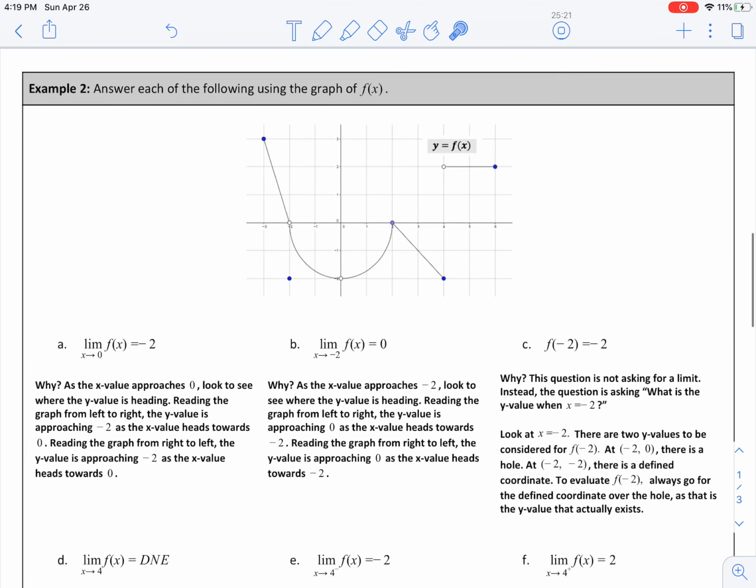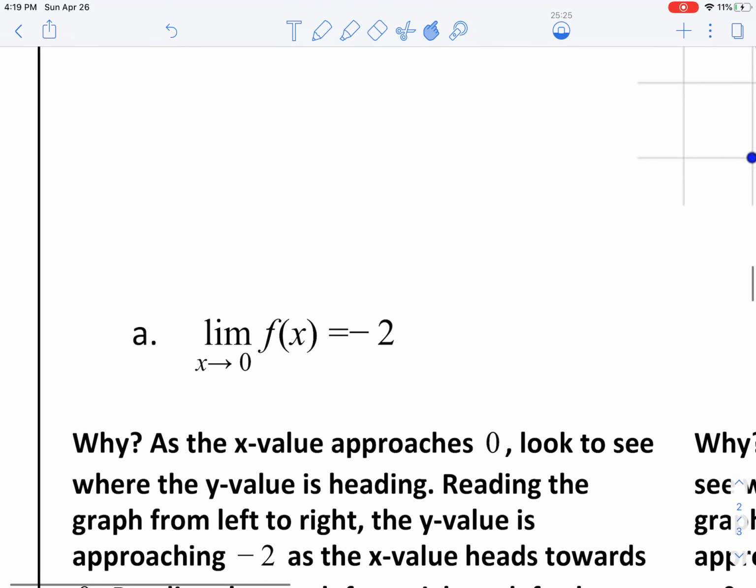Okay. So for A, we are interested in the limit as x approaches 0 of f of x, and the claim is that it's -2. So on my graph, what I should be seeing is that as x gets closer to 0, our function is getting closer to -2.